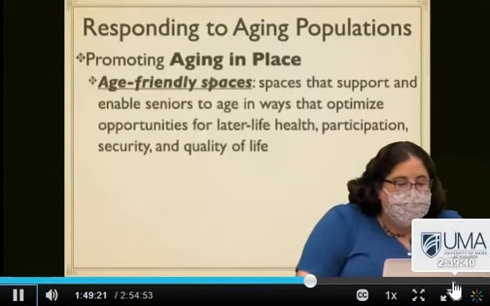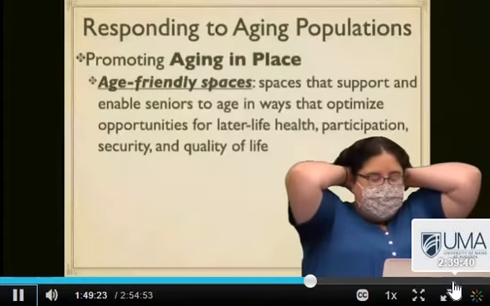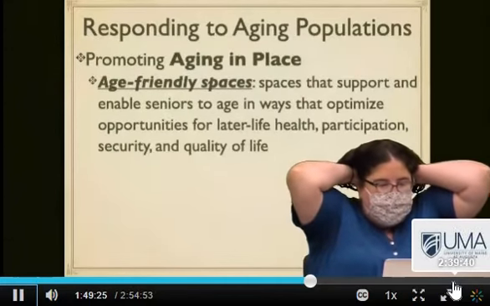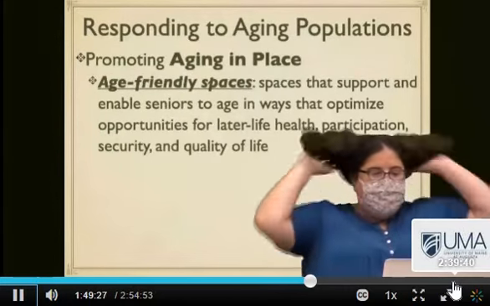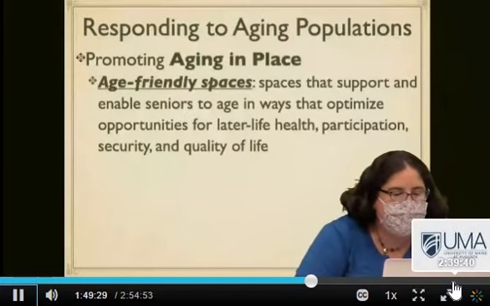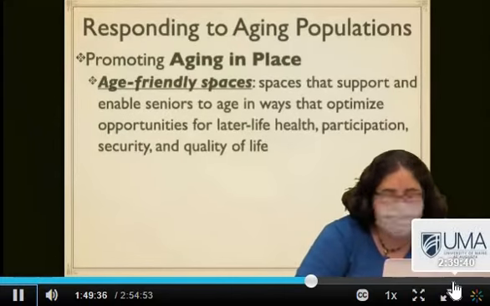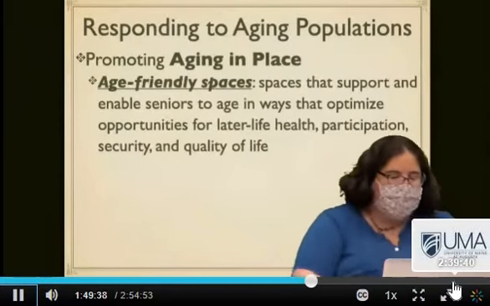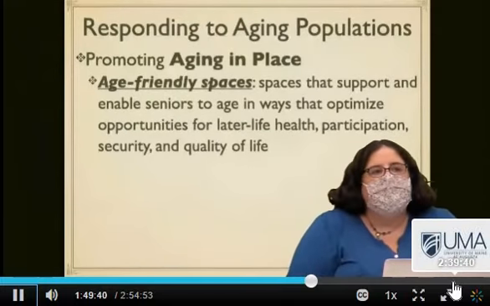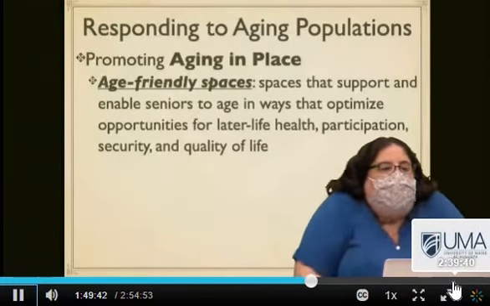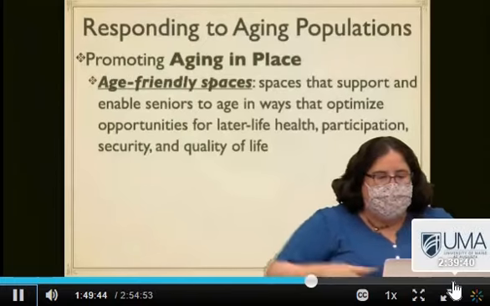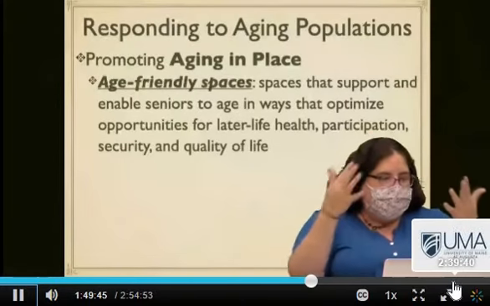And so communities are increasingly developing what are called age-friendly spaces that support and enable seniors to age in ways that optimize opportunities for later life health, participation, security, and quality of life. So, for example, when a new park is designed, does it need to have steps everywhere, or could there be ramps?